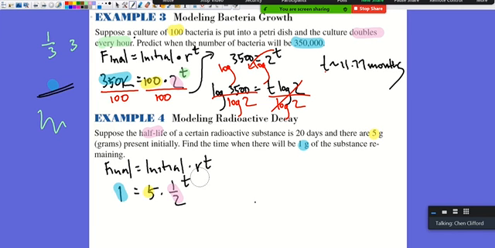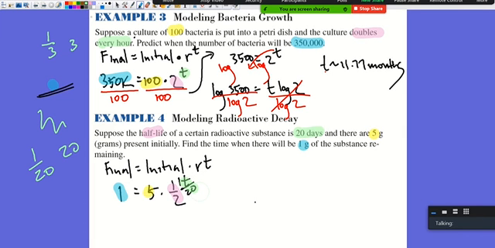Every 20 days means you pick 1/20. In this case, every 20 days is less frequent, so you're going to pick 1/20. It's going to be t/20 as your exponent, and that's going to be green.